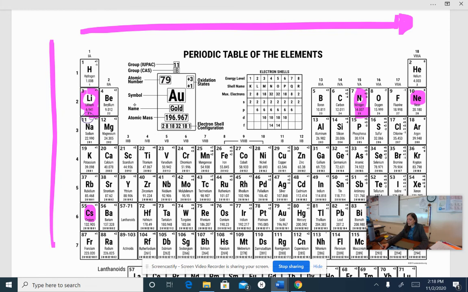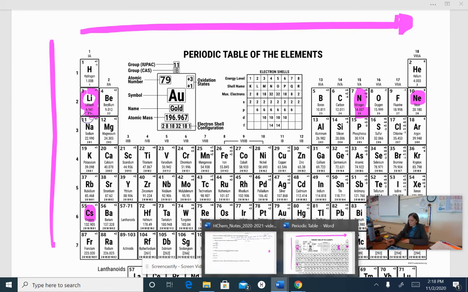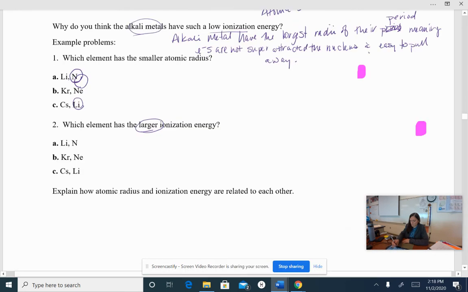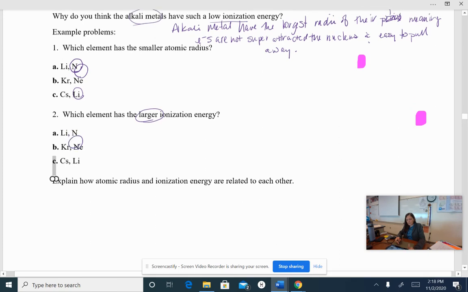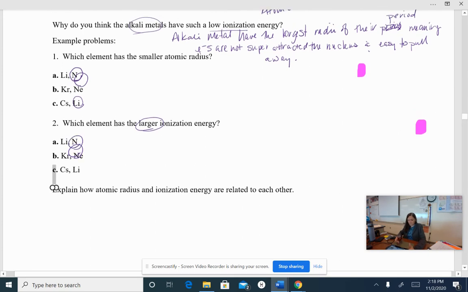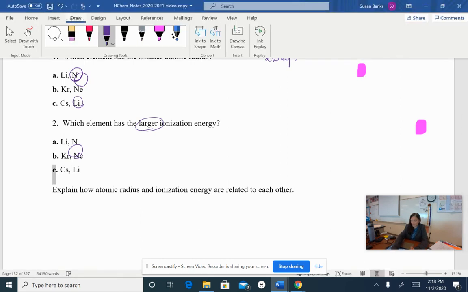So because it's the opposite and we're looking for the opposite thing, we're looking for larger, nitrogen has the larger ionization energy. So let's highlight nitrogen. Okay, I want you guys to look at krypton and neon and cesium and lithium as well. Okay, so take a minute and look at those.